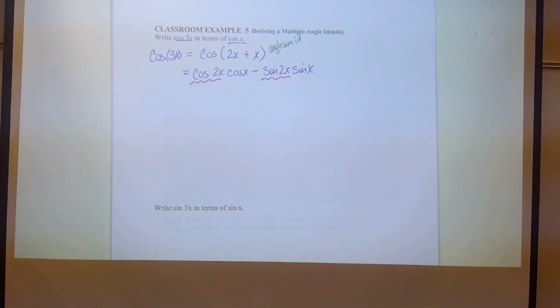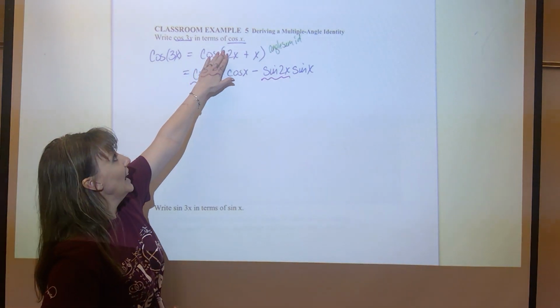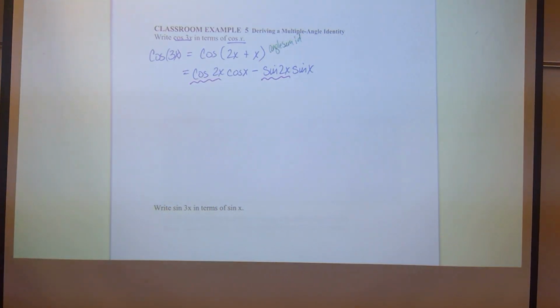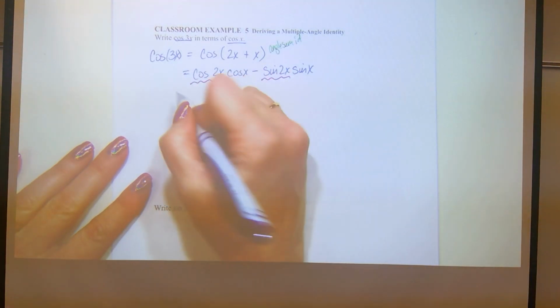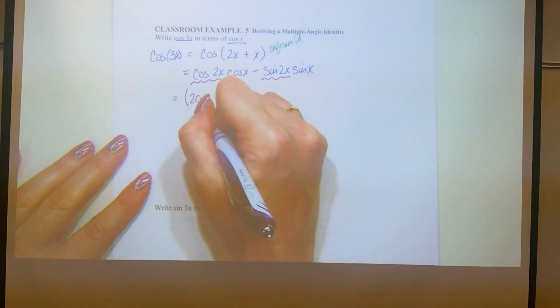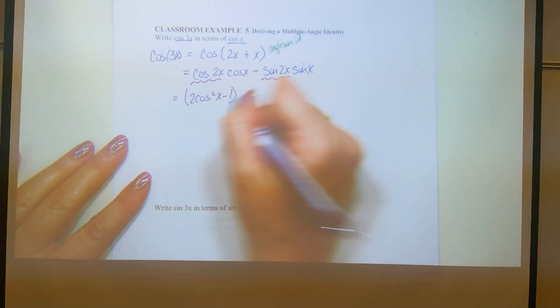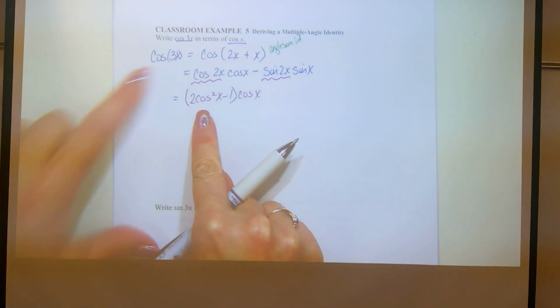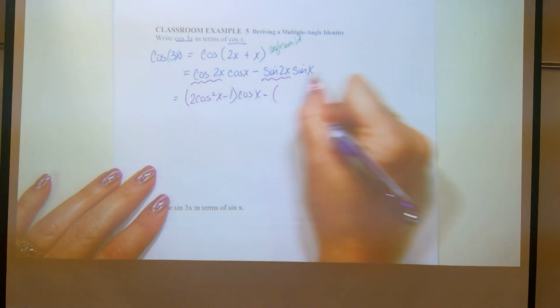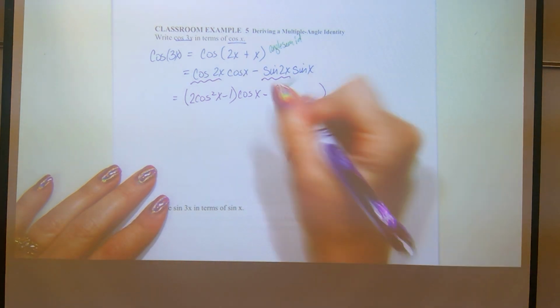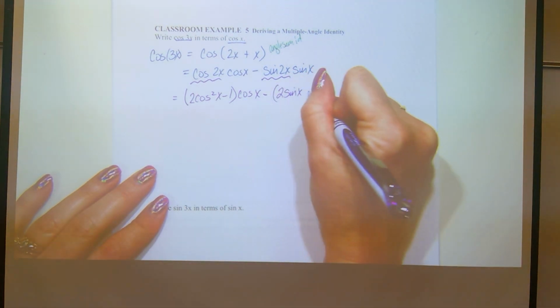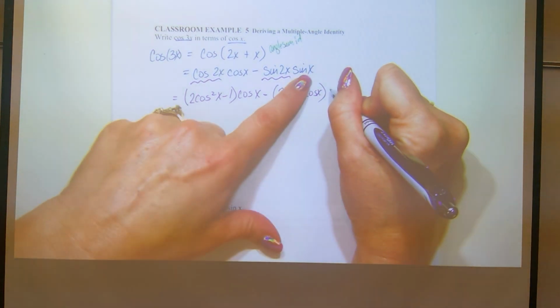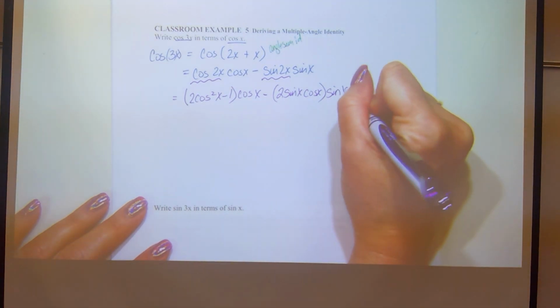I have 3 different cosine double angles to pick from. Remember, I'm trying to stay in terms of cosine, so that is going to lead me to choose 2 cosine square x minus 1 as my cosine double angle identity to use. I don't have a choice with sine double angle. I only have one. 2 sine x cosine x, and then that is multiplied still by sine x.